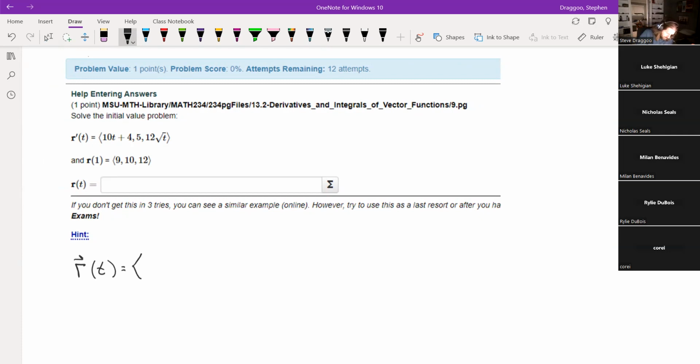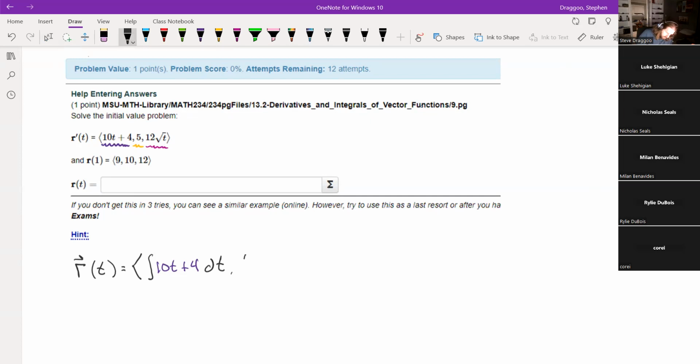the integral of each part of r prime. So I'm going to integrate 10t plus 4 dt, where 10t plus 4 is that bit. Then I'm going to integrate 5, and then I'm going to integrate 12 square root t.